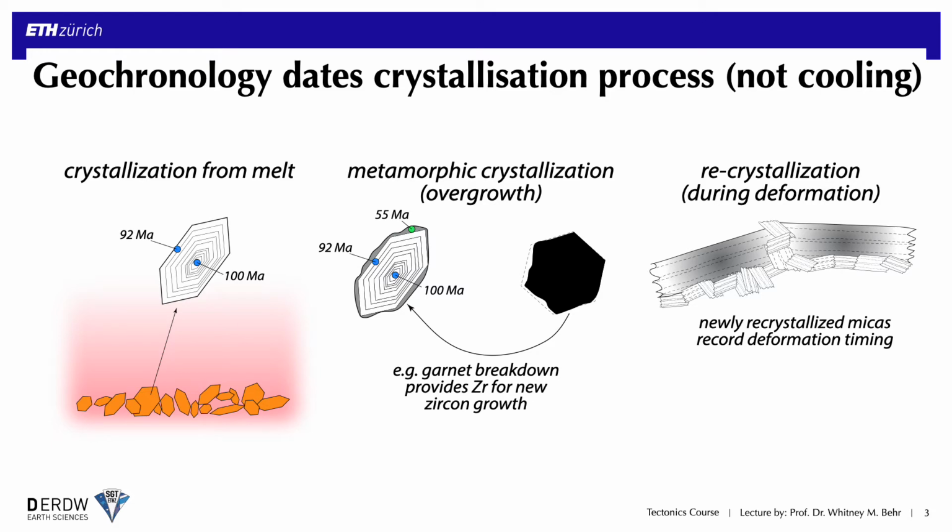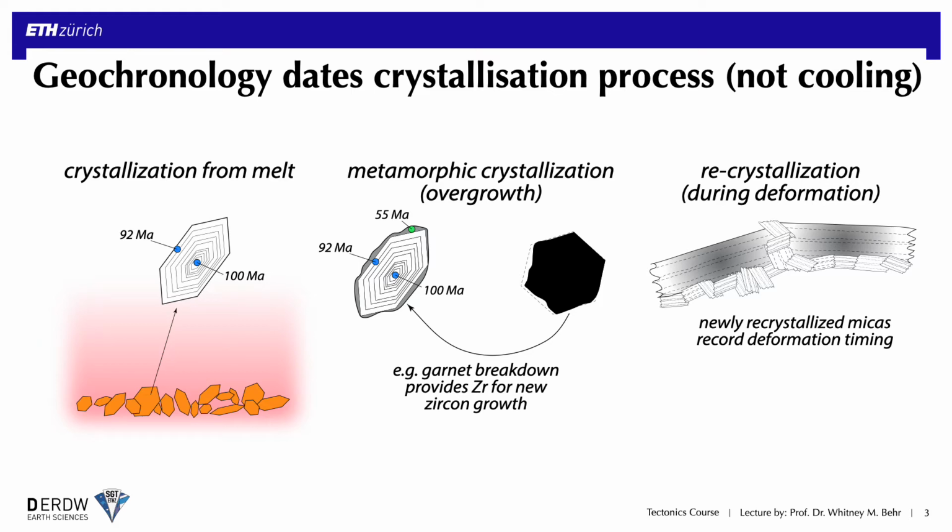It's common for things like zircons or other igneous minerals to have these nice zonations to them, with older ages preserved in the core and younger ages on the rims, therefore sort of bracketing the timing or duration of crystallization within that melt. Another form of crystallization that can start the radiogenic clock is metamorphic overgrowth.